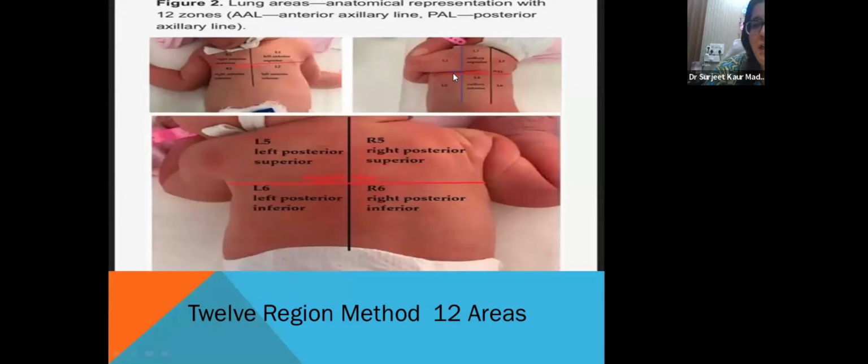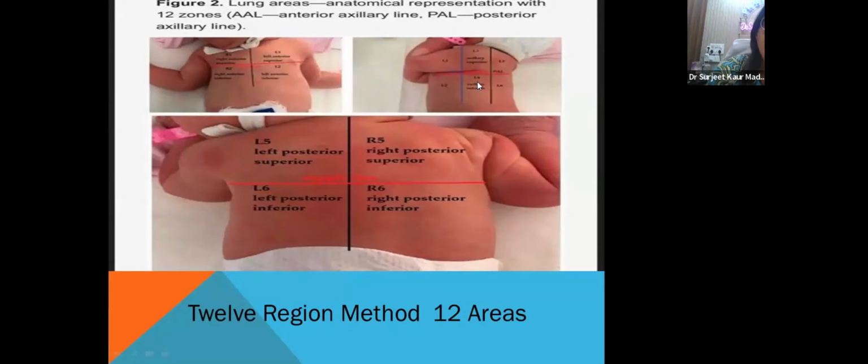Again laterally, you have upper and lower regions. You put a line at the anterior axillary line and one at the posterior axillary line, and a horizontal line at the fourth rib, and again divide the lateral area into upper and lower on both sides, right and left.